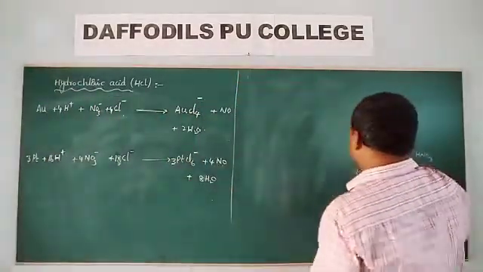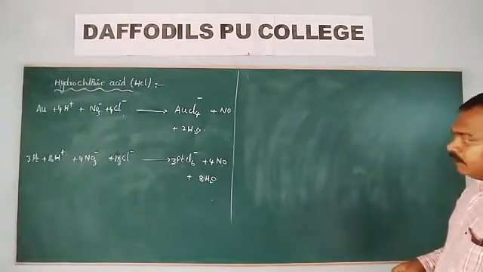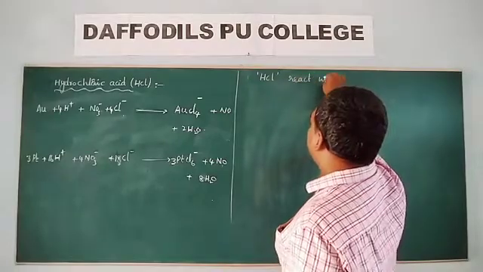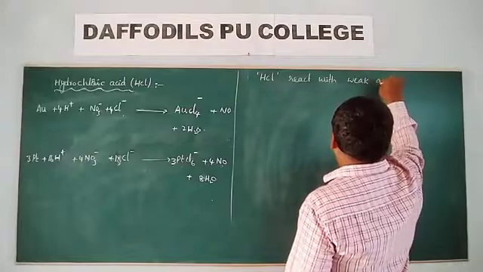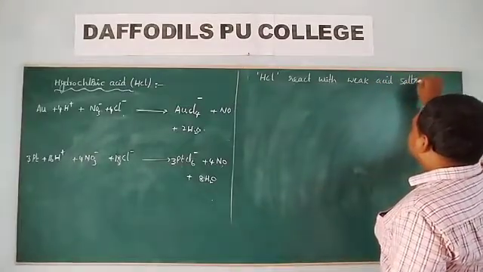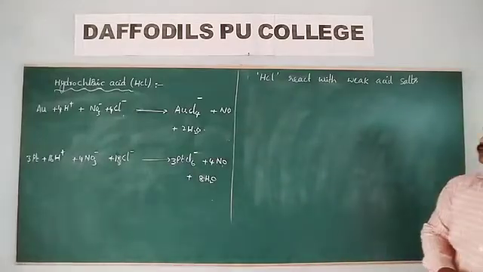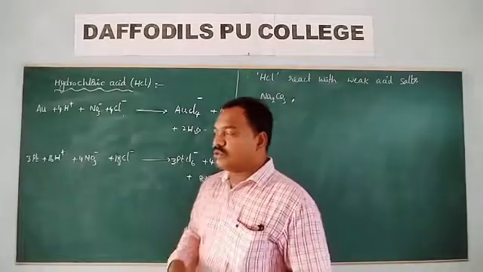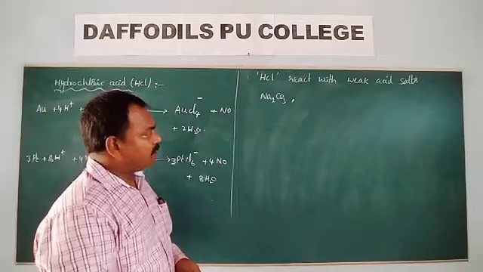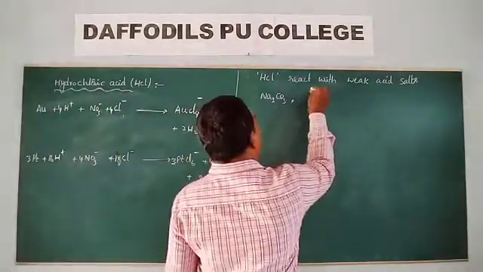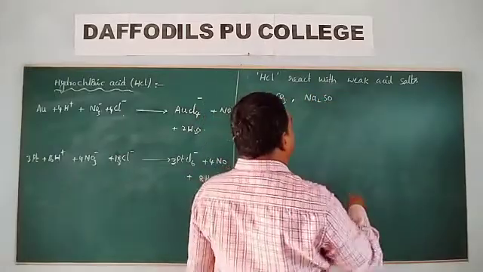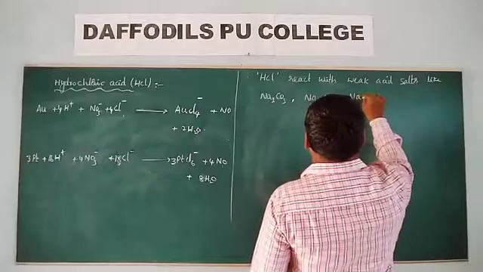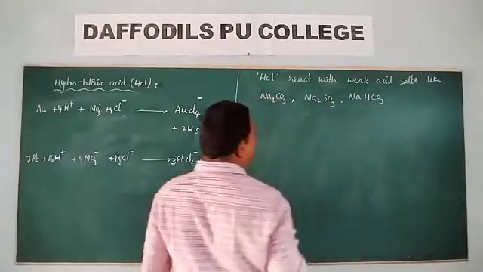HCl reacts with weak acid salts like sodium carbonate, sodium sulfide, sodium bicarbonate, and sodium sulfite. These are the weak acid salts.